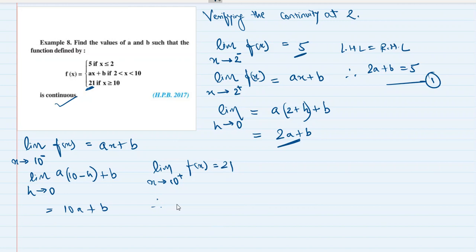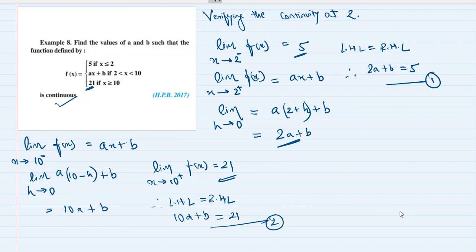So the limit as x tends to 10 plus is equal to 21. Therefore LHL is equal to RHL, because the function is continuous. LHL is 10a plus b, RHL is 21. So 10a plus b is equal to 21, and this is equation number 2.